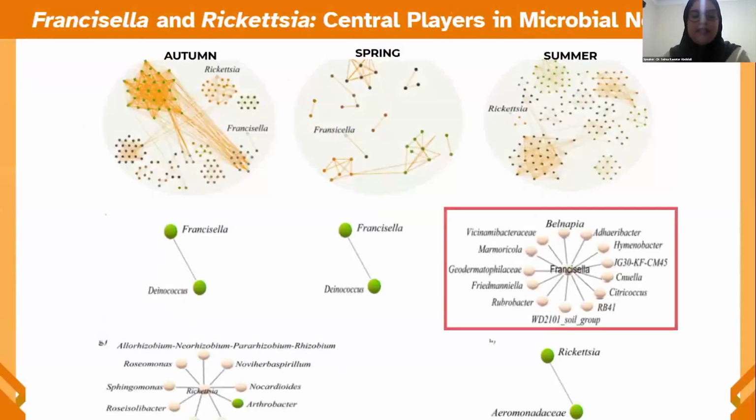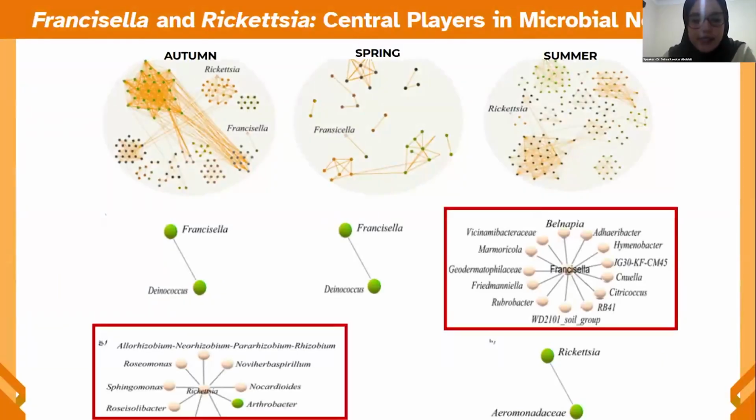In these networks, we see that Ferrari cella was consistently present, with particularly strong activity in summer.